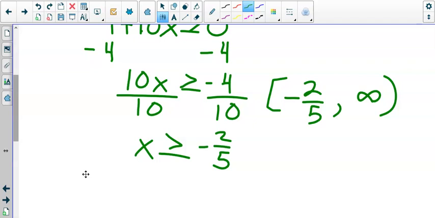If this sign ended up becoming a less than or equal to, that's when you begin with negative infinity. Cool beans? Yeah, we're all about being big here, which is why we go to positive infinity. Okay.